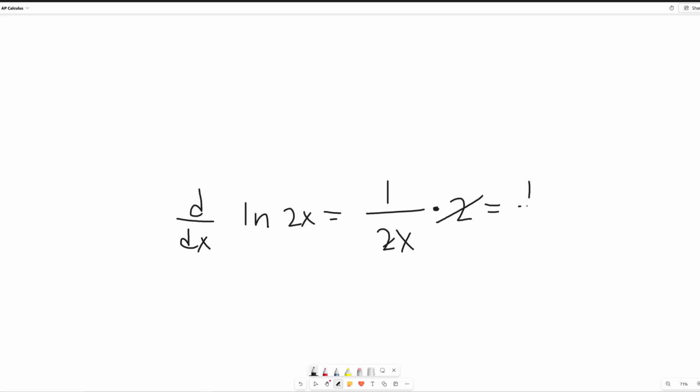So it is 1 over x again. So the derivative, if you have ln of any really linear function, right? 2x, 3x, 0.1x, it's always going to be 1 over x. So we can write this even as the derivative of ln of ax is 1 over x.